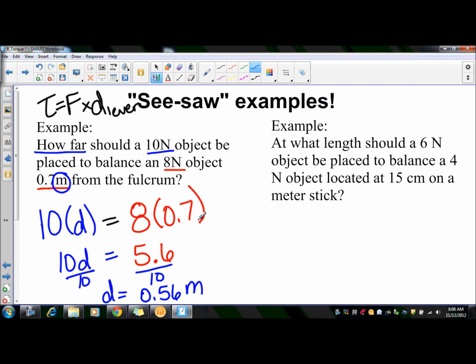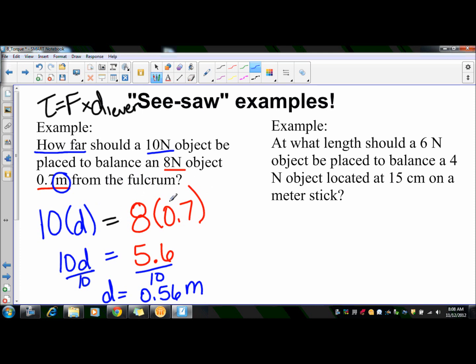Because these are being set equal to each other, whatever this unit is, this one has to be in the same unit. But you can have this in newtons, have them both in newtons. You can have them both in kilonewtons. You can have them both in kilograms. But as long as they're in the same unit, you're okay. Same thing for distance.